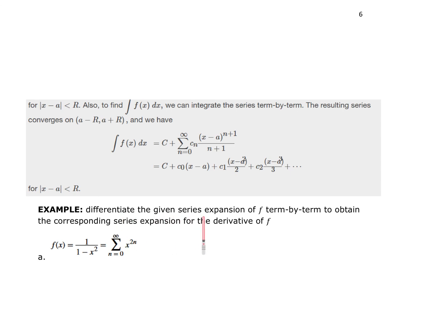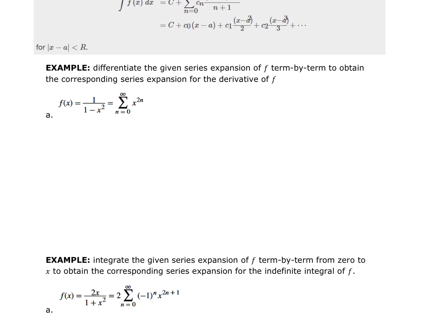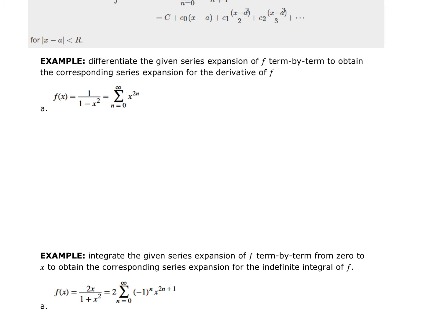Differentiate the given series expansion of f term by term to obtain the corresponding series expansion for the derivative. Okay, so the first thing I'm going to do is focus in on this side. So if f of x is equal to 1 over 1 minus x squared, we know that this is equal to the summation of n equals 0 to infinity of x raised to the 2n.